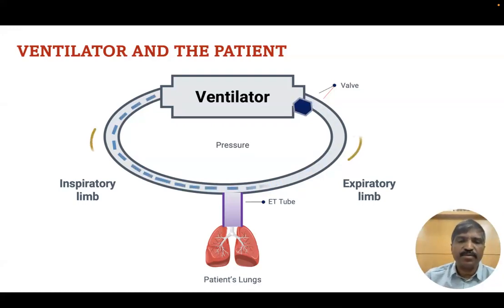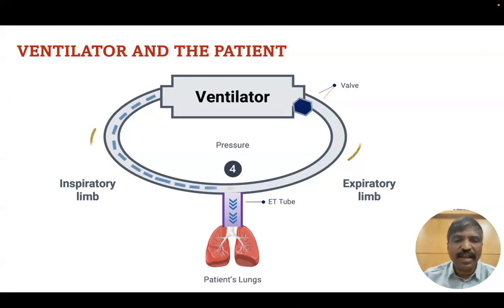Now we create some obstruction to the gas flow. Now there is some pressure built up in the circuit. A pressure of 4 is built up in the circuit because you have obstructed the gas flow at the expiratory port. Since the pressure in the circuit is 4 and the pressure in the lung is 0, some gas will start flowing into the lungs.